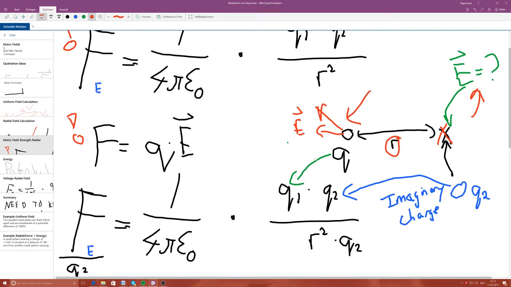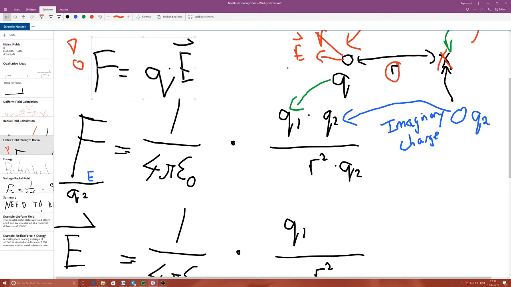And the way that I try to remember this is that you pretend to have an imaginary charge, shown here, at the given location where you want to know the electric field strength. And this is the charge Q2 in Coulomb's law. What you then do is you apply our number one equation to reduce this force over here to just the electric field strength, and you do this by dividing by Q2, this charge.